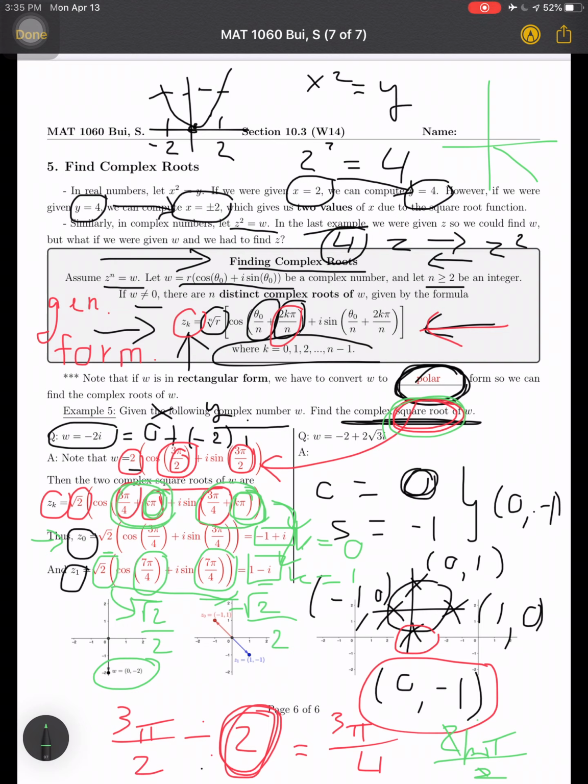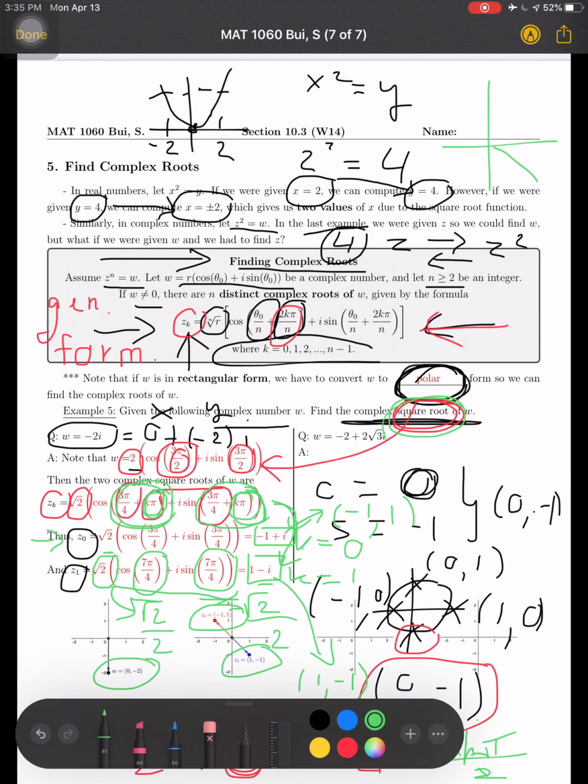And the second part, the harder part, is when we have to draw out the two complex square roots in here. The first complex square root, Z0, has the coordinate of -1 and 1, because this point here, if you want to write it out, is -1 and 1. The other coordinate would be 1 comma -1. Okay, and then I should have used another color.